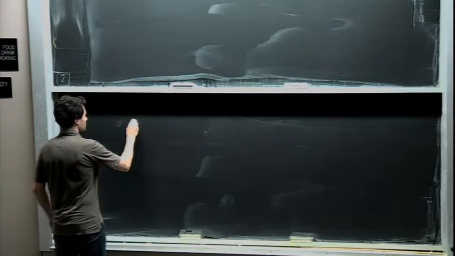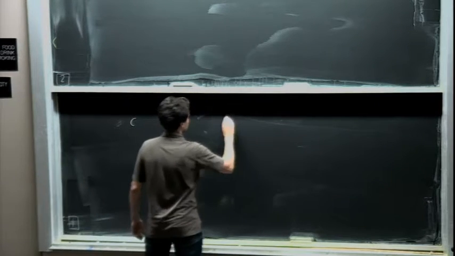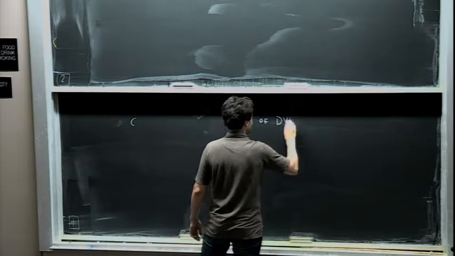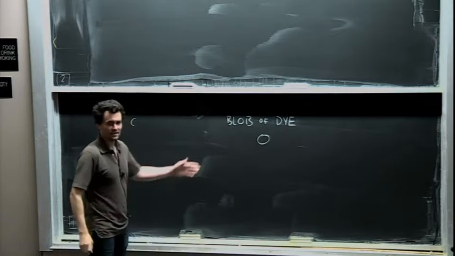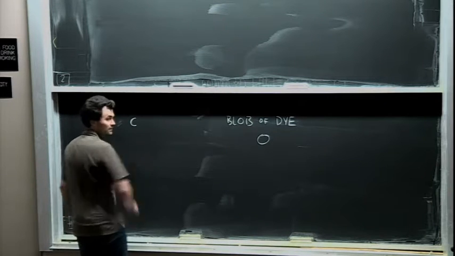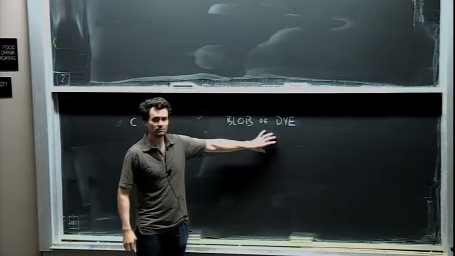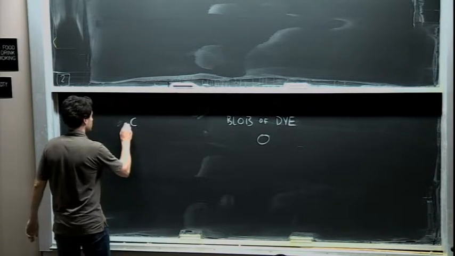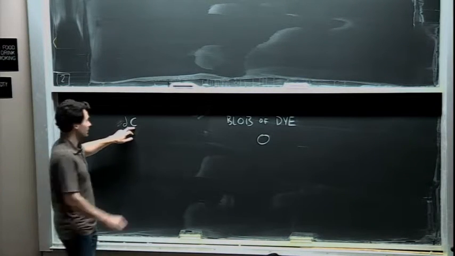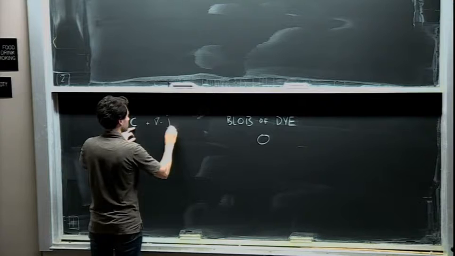So you could imagine having, for example, a blob of dye inside a fluid, which I can model by a concentration of ink, C. Then I can ask, if I put this blob of dye in the middle of my fluid, how does the concentration change in time? The rate of change of the concentration of dye depends on the divergence of some current of the dye.